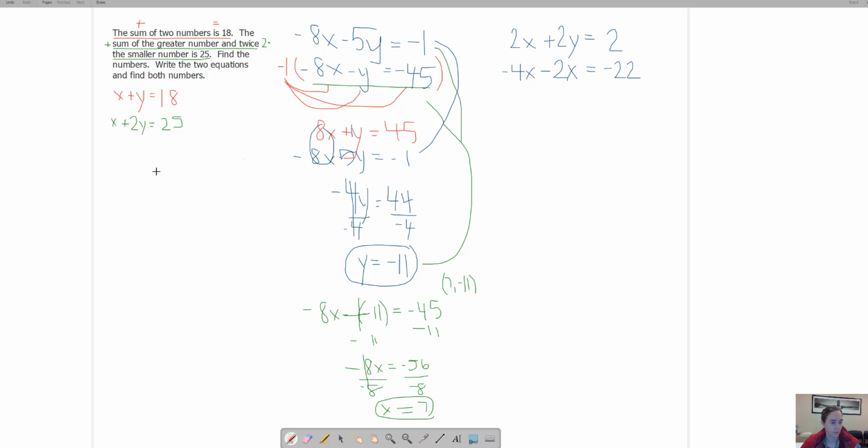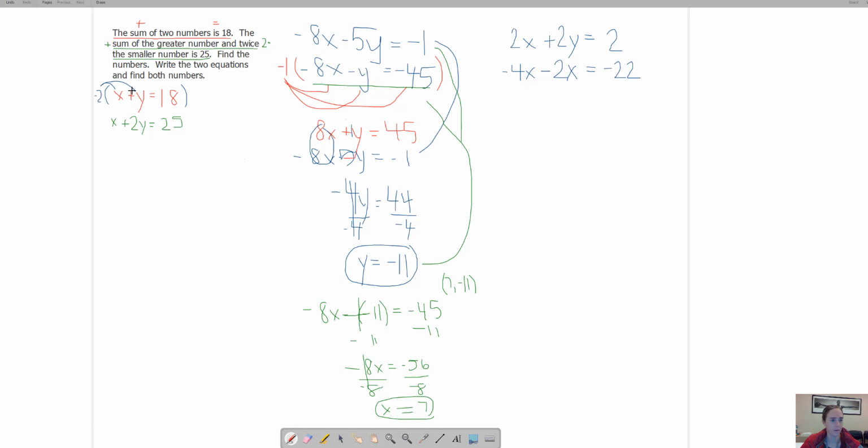Okay, so on this one, we could again eliminate the x's if we just multiply one of the equations by -1. Just to be different, I'm going to go ahead and eliminate my y's. So the easiest way to eliminate my y's, if I have a positive 2y here, I want to have a negative 2y here. Okay, so I'm going to multiply this whole thing by -2.